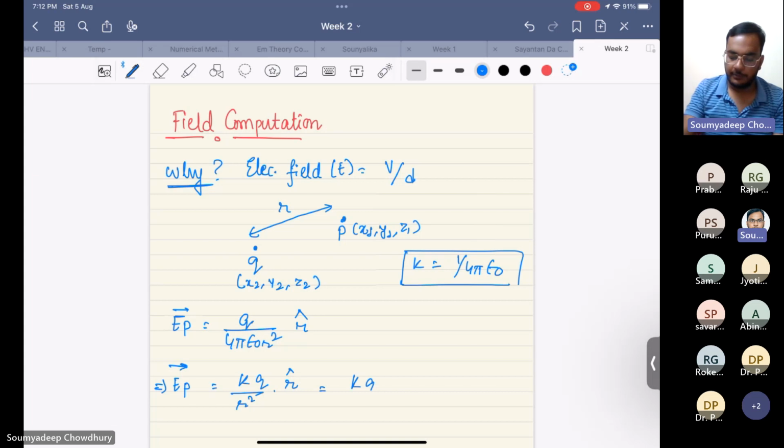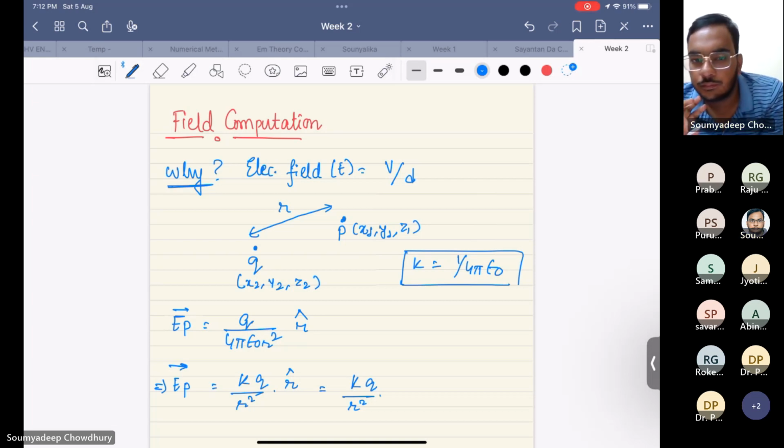Again, we can simplify it. What is the unit vector? How can we represent it? Any idea? Abhinaya, can you tell me what this unit vector is? How can we write it in terms of the original vector?